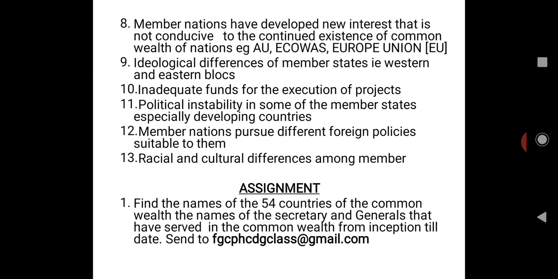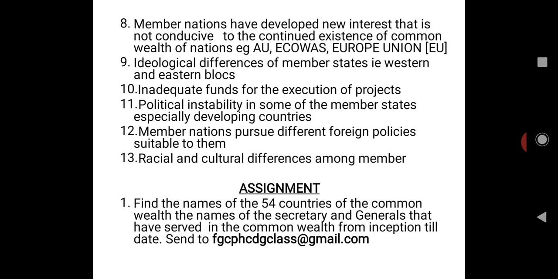Again, inadequate fund for the execution of projects. Without fund, organizations cannot carry out their projects, and the inability of some members to pay their subscription will bring inadequate fund for the execution of projects.